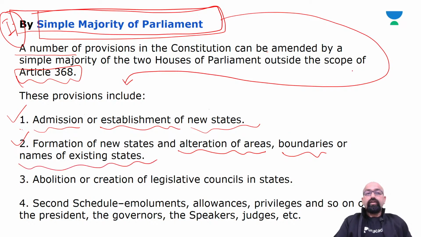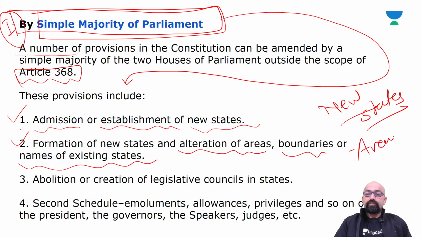So just remember here, with the simple majority of Parliament, we can amend provisions related to formation of new states, alteration of areas, even boundaries of states as well, and names of existing states. So we can amend all those things using simple majority of Parliament.